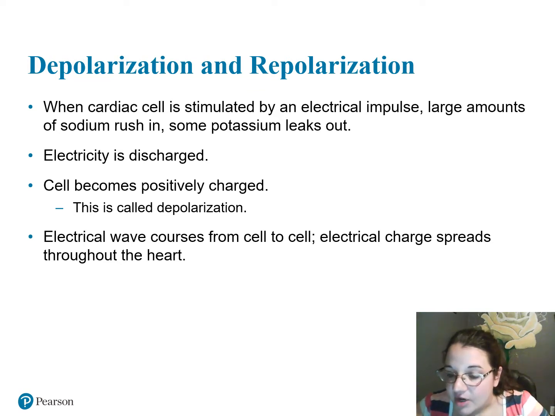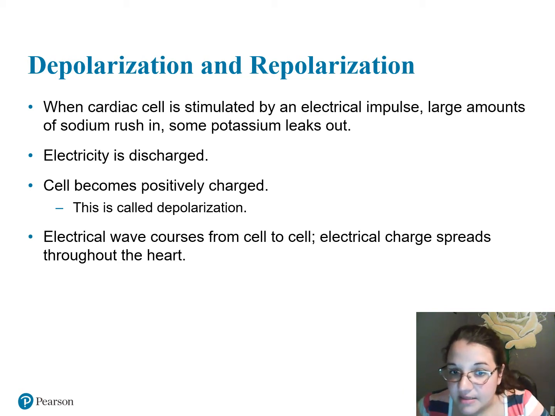At rest, my cardiac cell has a negative charge. Sodium is on the outside, potassium is on the inside. But when that cell is stimulated by electrical impulses, the sodium is going to rush in and some of the potassium is going to get out because both the sodium and the potassium have positive charges and they cannot be next to each other inside the cell.